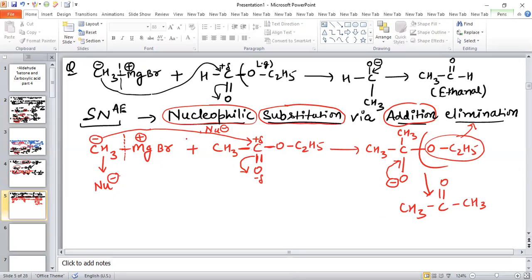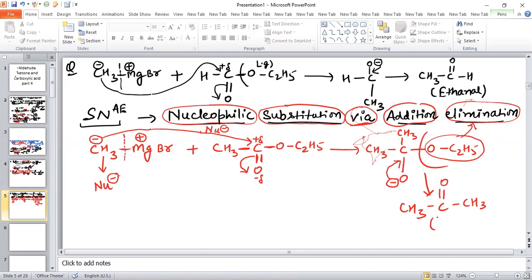So you can say nucleophilic substitution via addition, so addition of nucleophile and also elimination. So nucleophilic substitution via addition and elimination takes place.